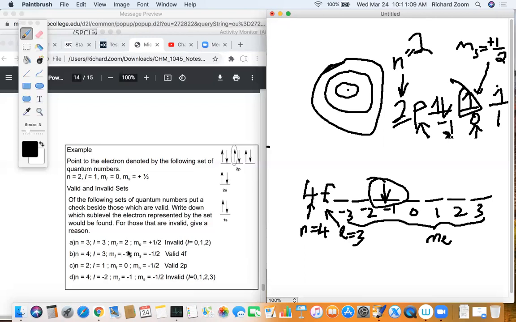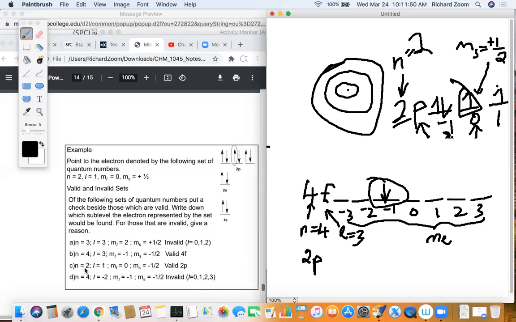Okay, let's do another example. So for C, n equals 2, that's allowed. Remember that n can be 1, 2, 3, 4, anything like that. The L value can be, in this case, anywhere from 0 up to n minus 1, which is going to be 1. 2 minus 1 is 1. So 0 or 1 would be allowed values for L. Now L is equal to 1, which is going to be 2p.